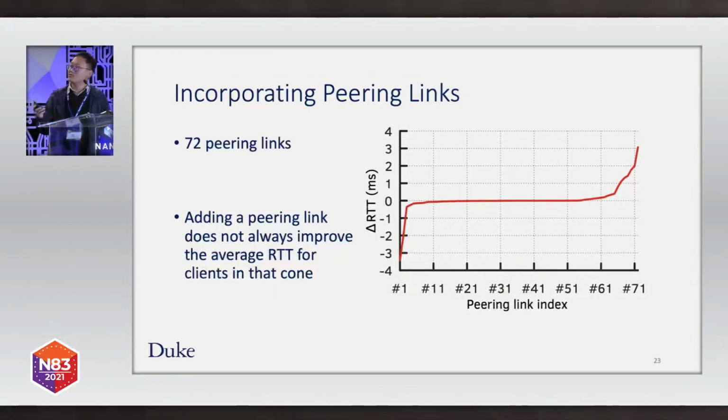From this graph, we add one single peering link to the AnyOpt configuration, and it gives us different influence on the average round trip time. We can see the impact is not uniform, and several configurations can even bring a worse influence on the average round trip time.